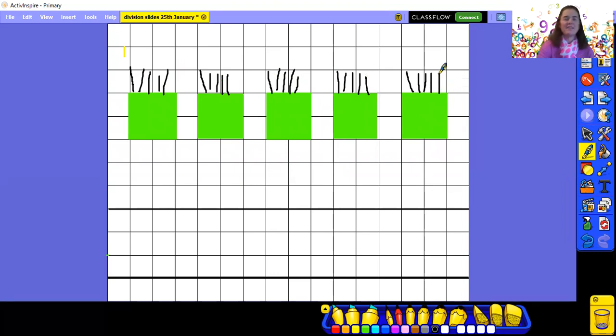So there's my 25 sunflowers shared out between my 5 vases. They don't look very healthy, my sunflowers, do they? But that's fine. Okay, so how many have we got in each vase?